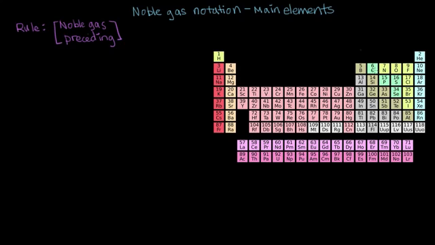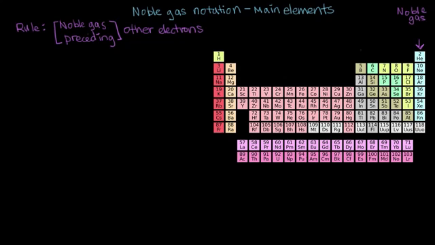So you go up a row and then you go over to here where the noble gases live. And you put that in brackets, and then you write your other electrons using the same notation that you normally write electron configurations in. If you don't remember what that is, we'll go through a couple examples right now, so hopefully it will become more clear.